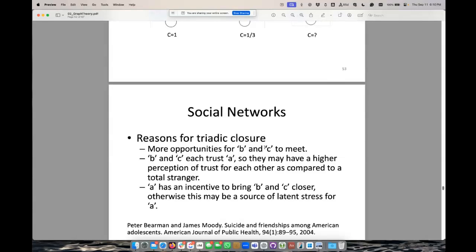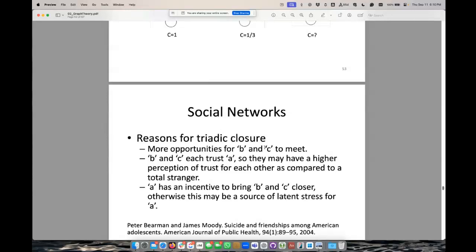Another way of thinking about this is that B and C both trust their common friends. So they may have a higher perception of trust for each other as compared to a random person or a stranger. So that is also another reason that these two individuals, B and C, would become friends in future, or are highly likely to become friends.